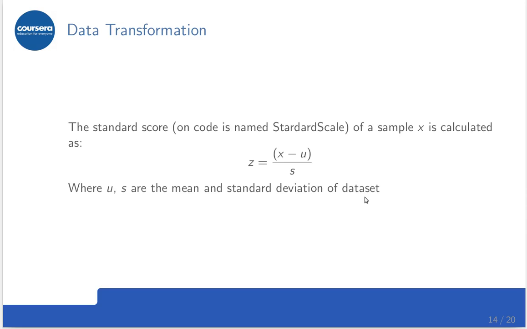After this, I use a data transformation, the standard score. It's a simple calculation: the value minus the mean, divided by the standard deviation of the database.